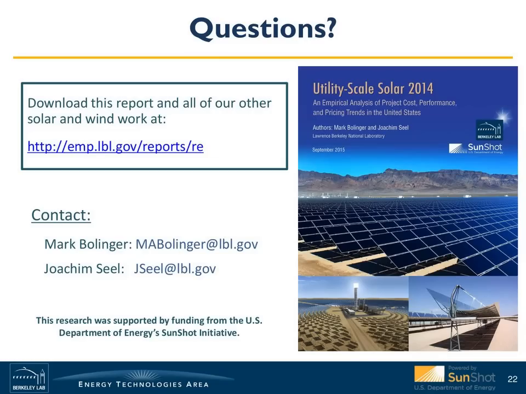The lowest price PPAs in our sample are definitely in the southwest, where the resource is strongest and where a few of the states have incentives for utility scale solar. So for example, New Mexico has a 10-year state level production tax credit for solar, and that helps to push prices down. So the lowest prices are definitely in the southwest, but that said, we have seen some prices across the south.